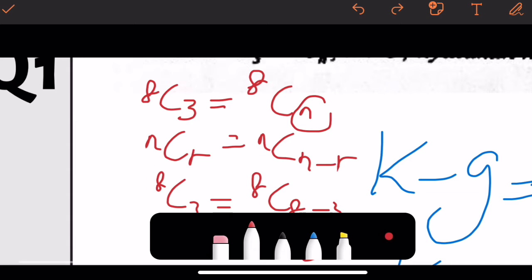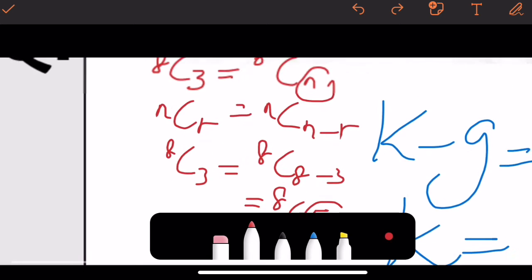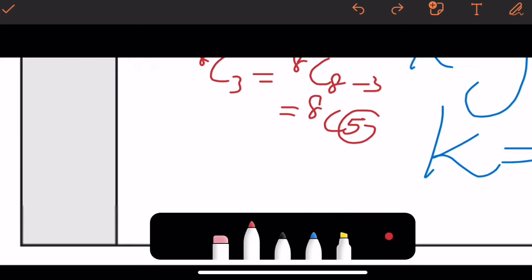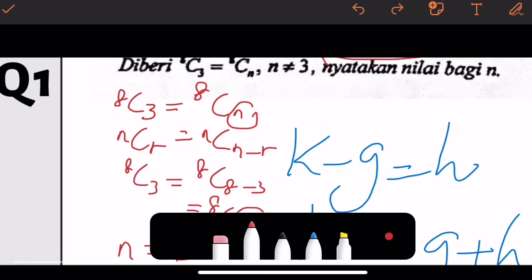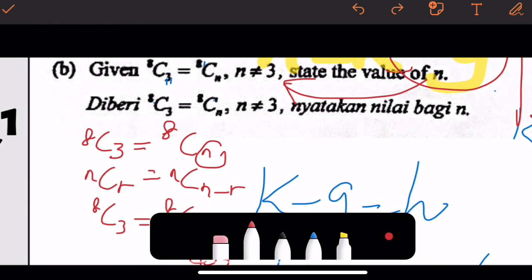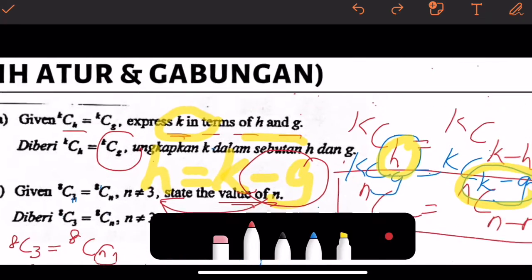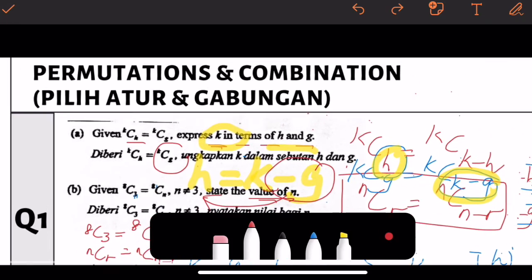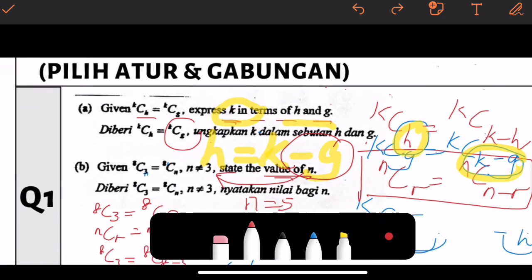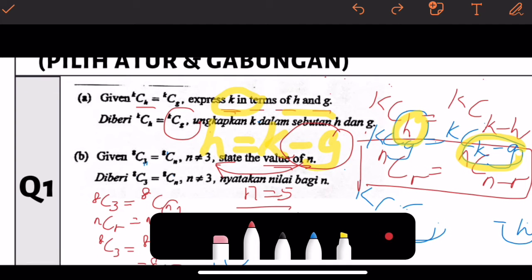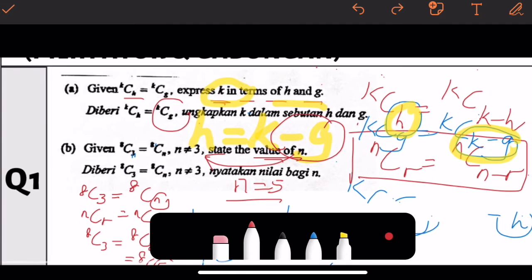That means n will be 5, because 8C3 is equal to 8Cn, so n equals 5. That is how you solve a question involving finding the value of n. So we have solved one question already. If I ask you to present the steps, you work it out and then explain to people until they understand.